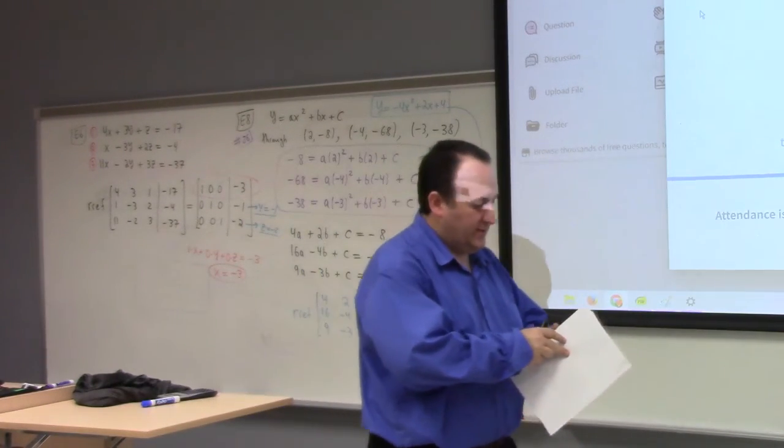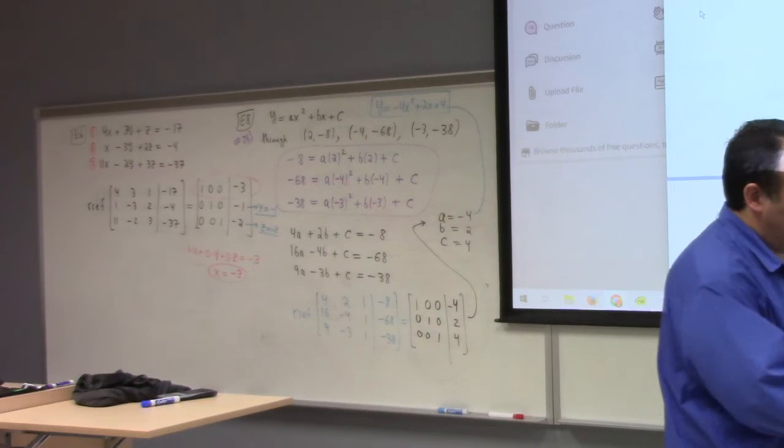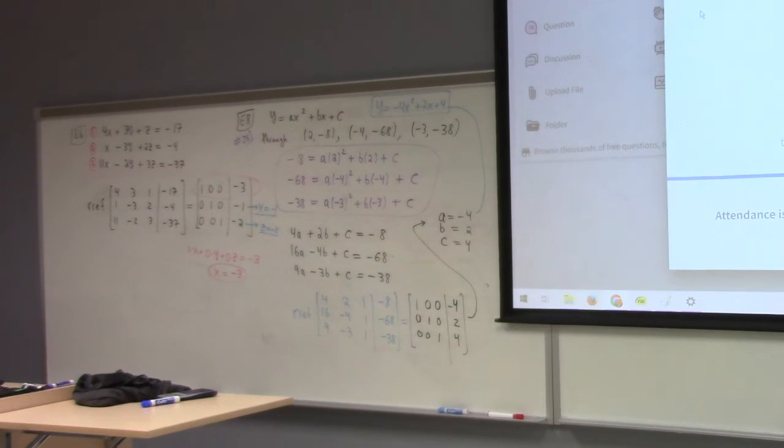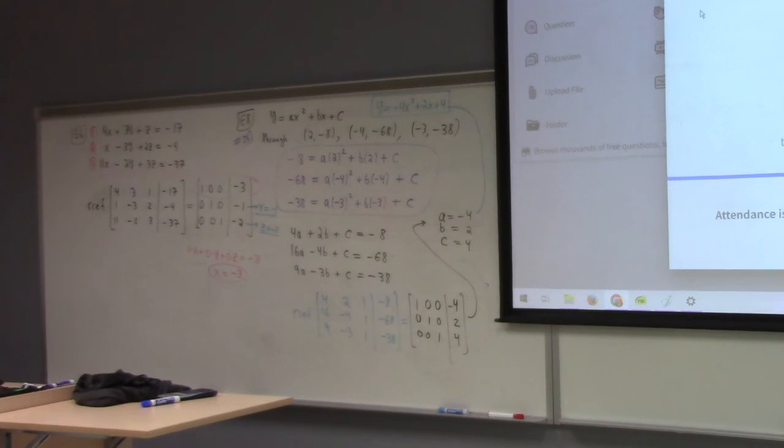So the last 4 problems are systems of nonlinear equations, and so like here's number 27. You have x plus y equals 13, and x squared plus y squared equals 85. All right, and so if you think about this, the second one's a circle, right?